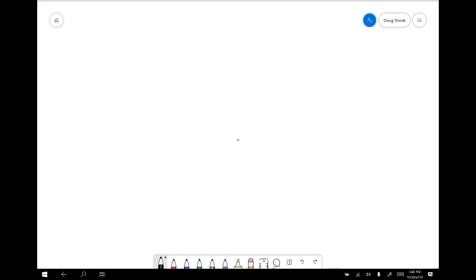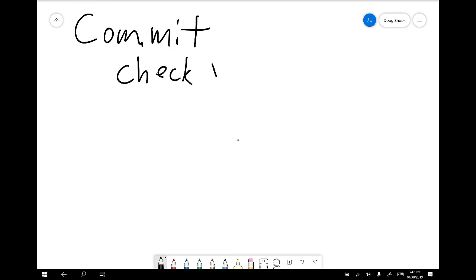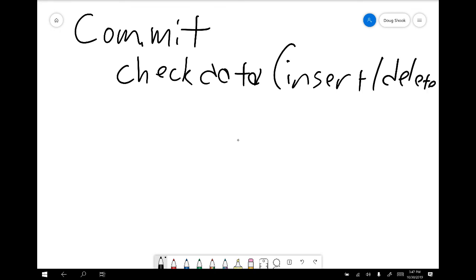So if I commit, I should check the data, which could be either an insert or a delete. And it should work. I should be able to see that the insert or the delete went through, right? If a commit happened. If I abort the transaction, I still want to check the data.